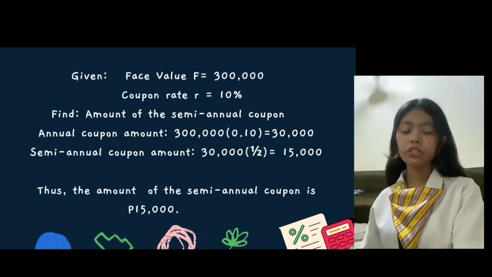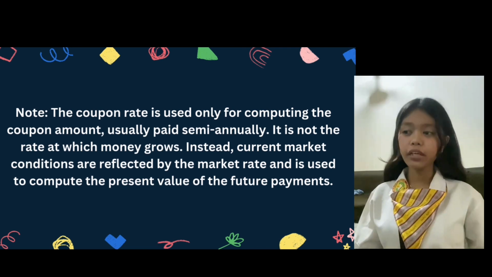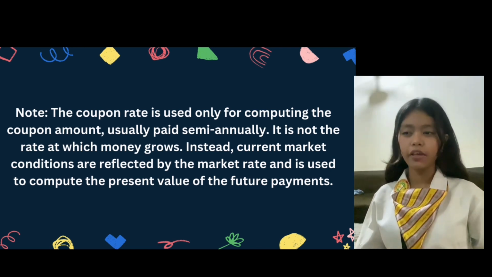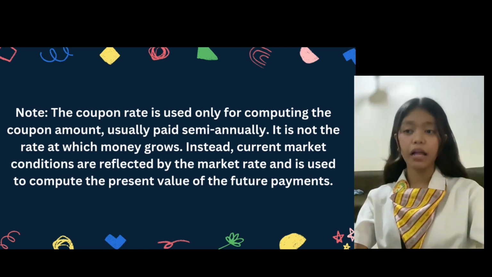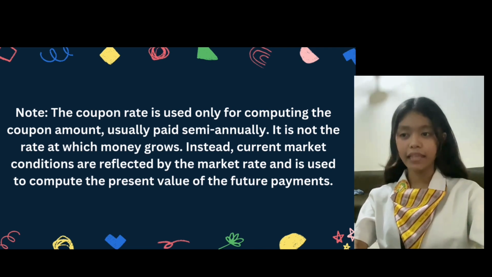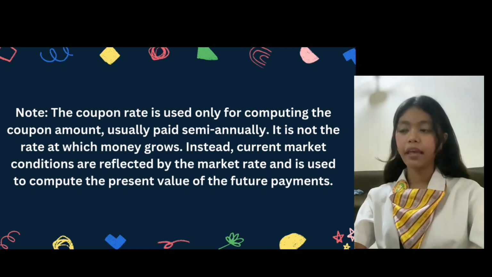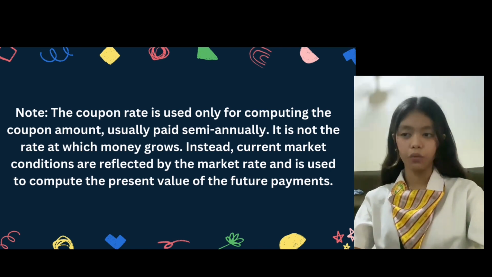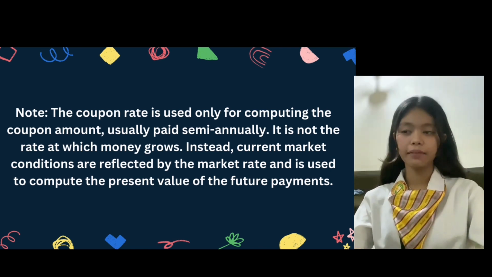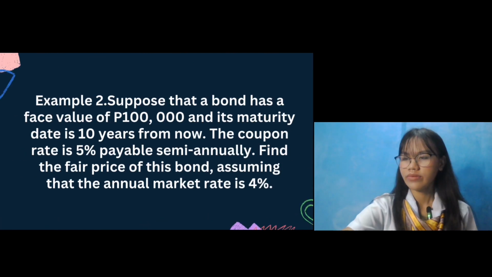Note, always remember that the coupon rate is used only for computing the coupon amount, usually paid semi-annually. It is not the rate at which money grows. Instead, current market conditions are reflected by the market rate, which is used to compute the present value of the future payments. And now, let's proceed to example number 2.